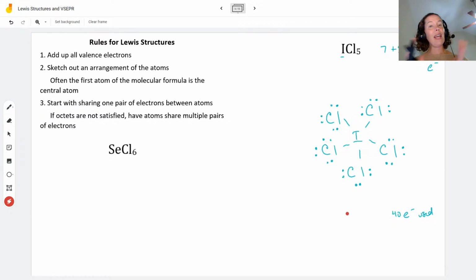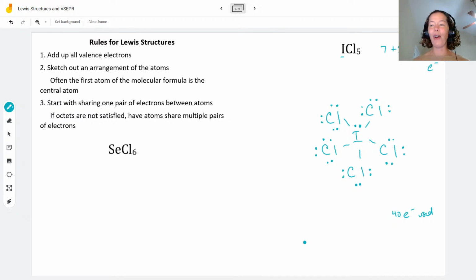So for this extra pair of electrons, I'm going to put it on my central atom, maybe right here on top. Put it wherever it works for you on your structure, just so it's clear that iodine has 5 single bonds and it has a lone pair.